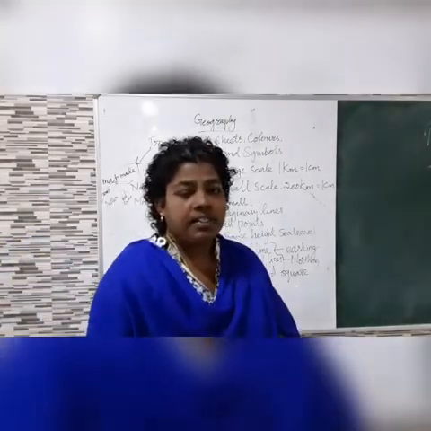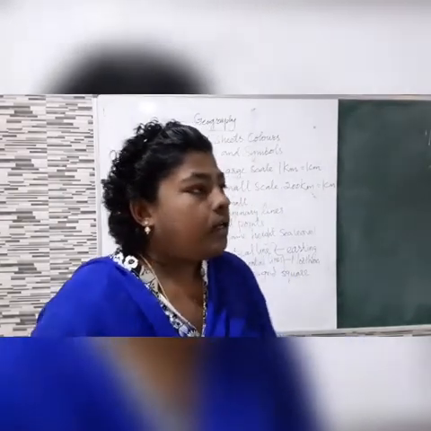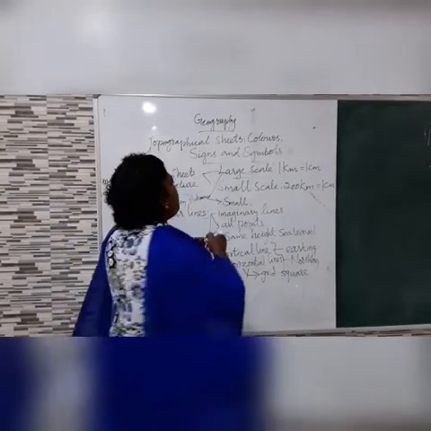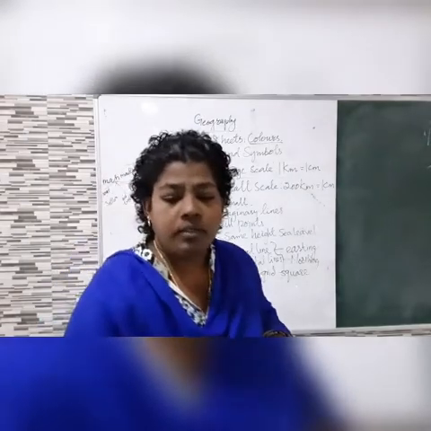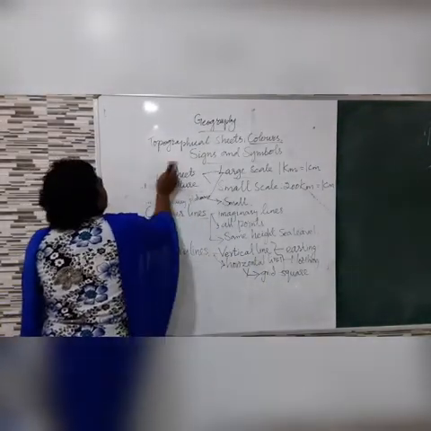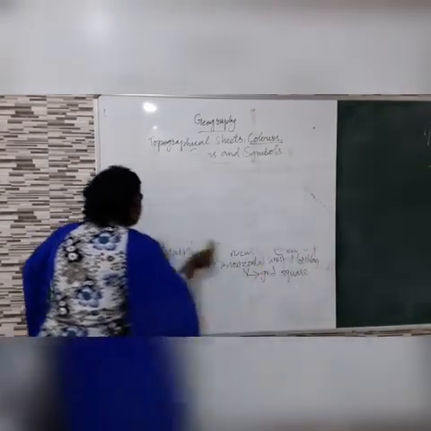Did you understand, children? Now, apart from this, I already told you different colors are used in the map. What are the different colors used in the map? That we are going to see now. Can you say?